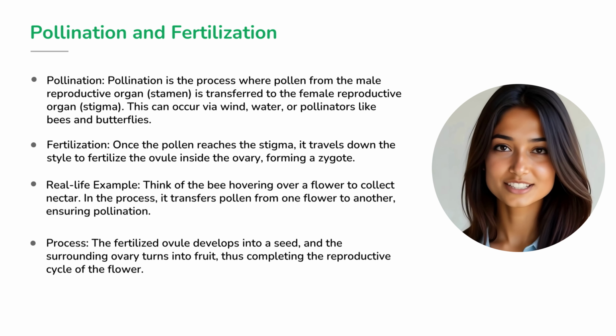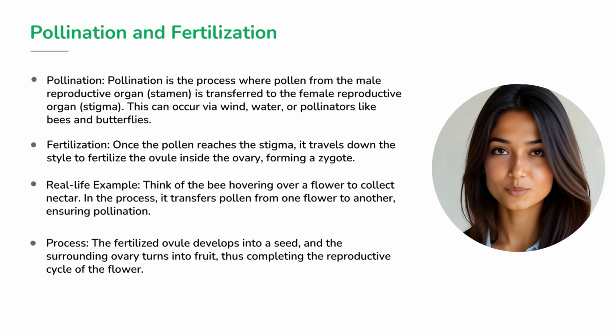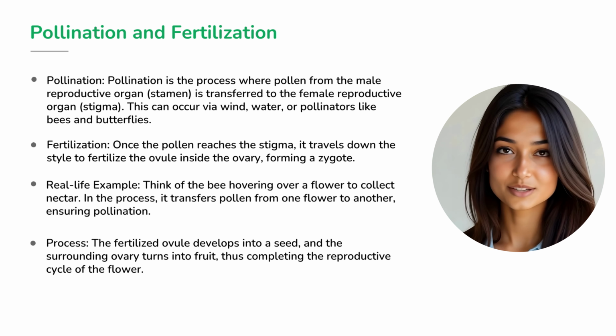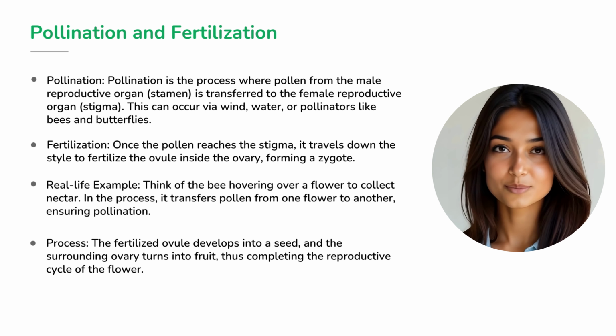At last, let's get to the big moment: pollination and fertilization. Once pollination occurs, where pollen moves from the male part to the female part, fertilization begins. The pollen grain travels down the style to reach the ovary, where it fuses with the ovule. Think about the bees buzzing around flowers.